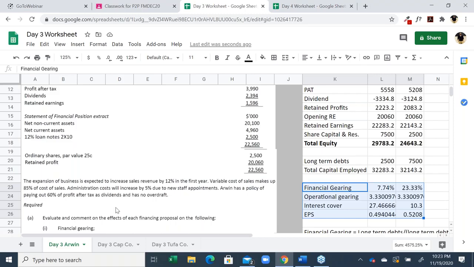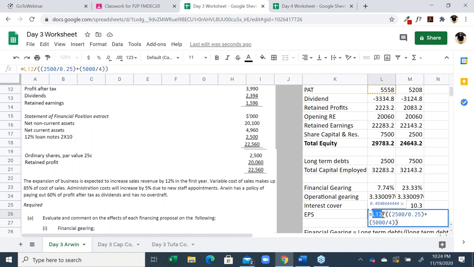There is evaluation and comment as well. So we have to evaluate and comment. EPS is simply the profit after tax divided by total number of ordinary shares.